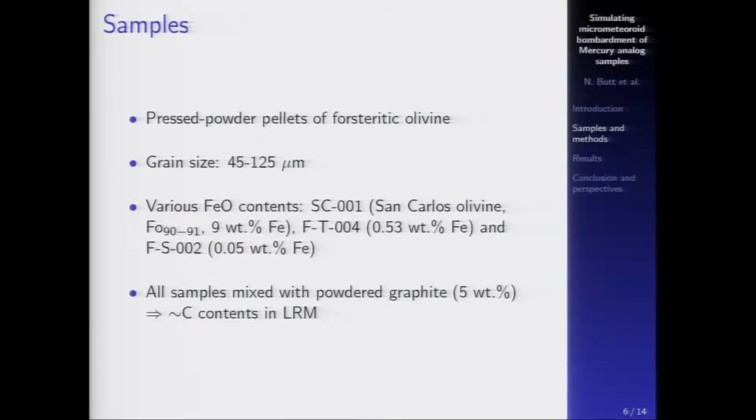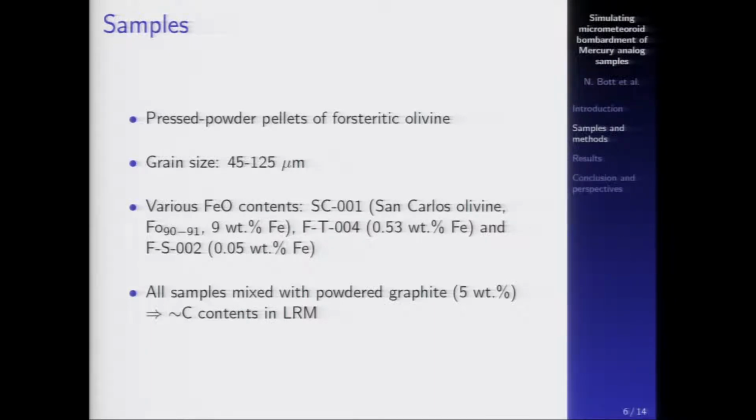For that, we are considering pressed powder pellets of phosphorus-free olivine, which is a mineral phase that is expected at the surface of Mercury. We are considering grain sizes between 45 and 125 microns, which is also the range of grain size expected on Mercury. We are considering 3 samples here with various iron content.